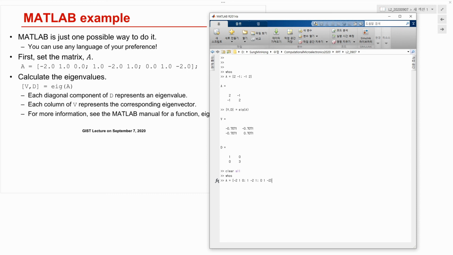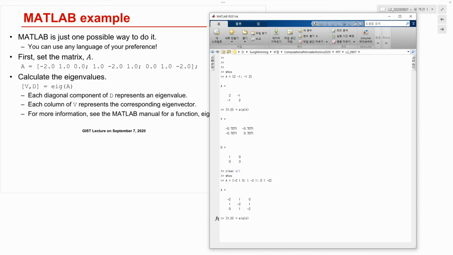So just enter. Okay, now we have a matrix, and this is the correctly entered one. Then why don't we just call this EIG function once again, with an input parameter of matrix A. Then we will get the solution.